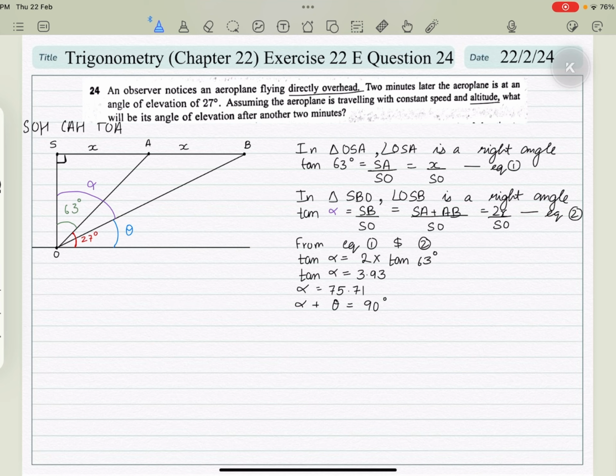If alpha is equal to 75.71, then 75.71 plus theta is equal to 90, and from here theta is equal to 14.3 degrees, and that's the answer. We can say the answer is approximately equal to 14.3 degrees, because of a lot of roots.